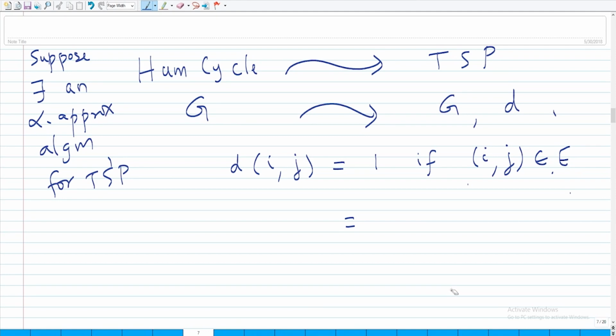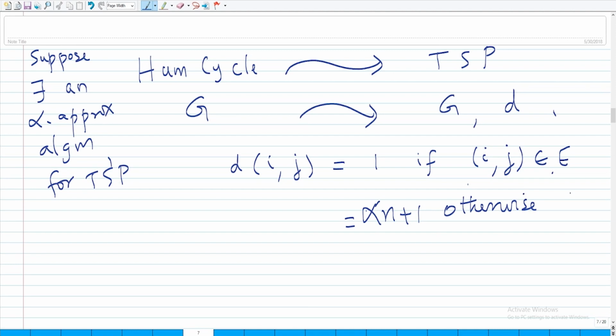Okay. Let me put the weights and then you will see. For an edge that is not there, I am going to put a cost of alpha into n plus 1. See, you told me there is an alpha approximation algorithm, right. So, now I will put a cost of alpha into n plus 1 whenever the edge is not there.